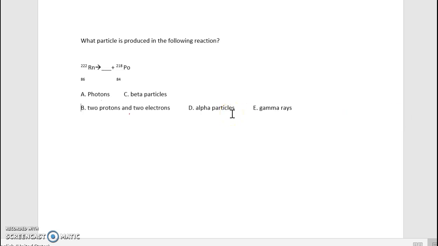And to solve this problem, we basically do the same as we did for problem 4. We are going to subtract the atomic mass of the polonium from the atomic mass of the radon, and then we're also going to subtract the atomic number of polonium from the atomic number of the radon.